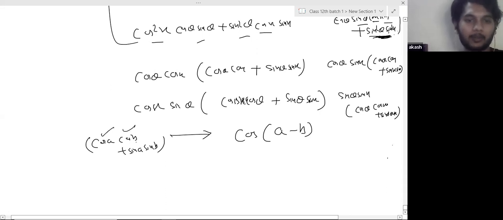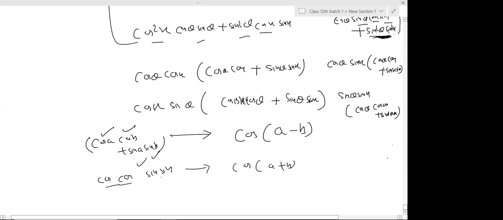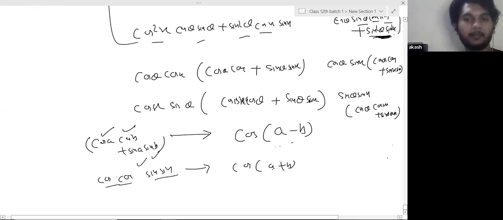If cos cos sin sin, then this is a formula for cos, either A plus B or A minus B. Now which one is this? Here the plus sign is there, that means minus. If the negative sign is there, then plus. This is clear? Yes, sir.